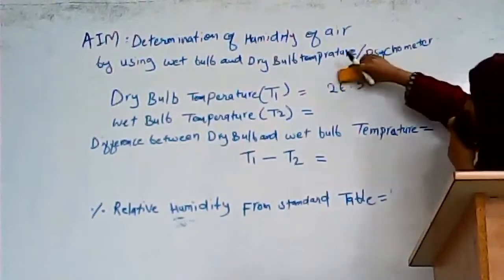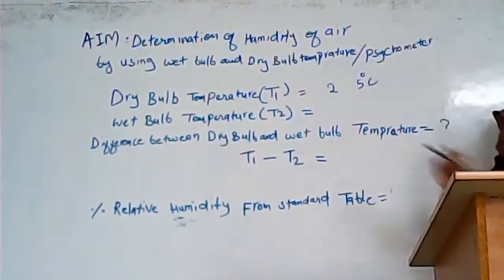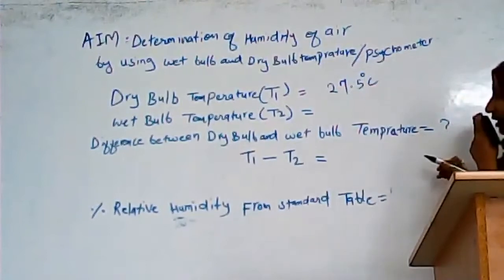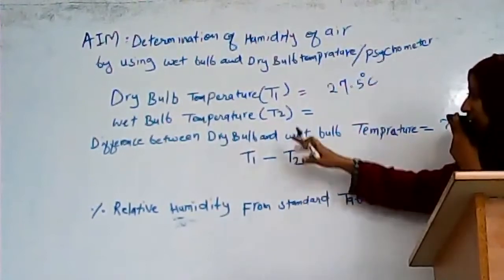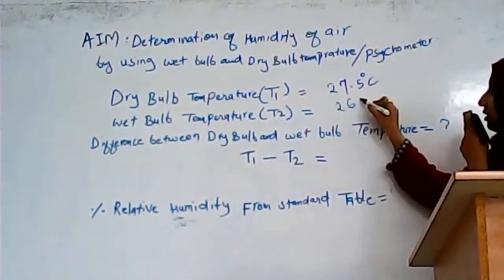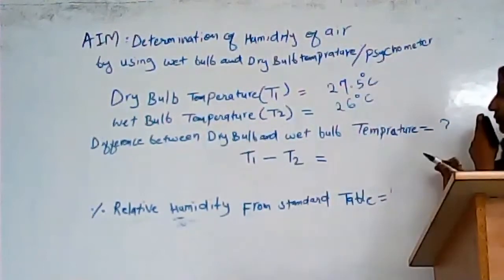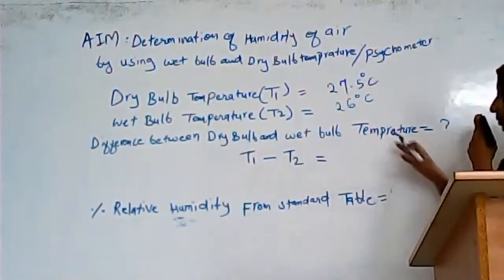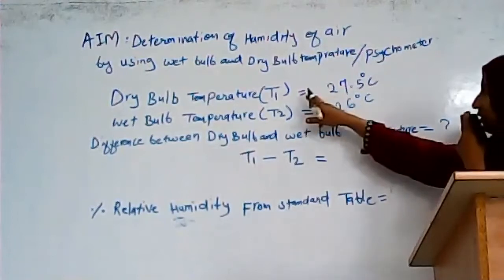Sorry, not 26, it is 27.5 degrees Celsius. And the average of the three readings of wet bulb temperature is 26 degrees Celsius. Let's calculate the difference between dry bulb and wet bulb temperature.